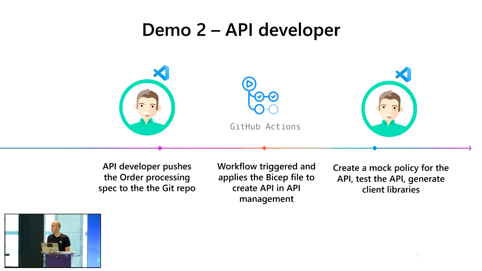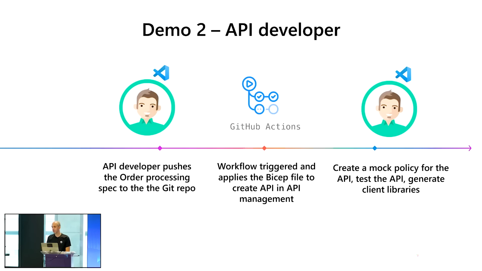Because we need a lot of effort to configure that. And when we want to scale, not to create one API, but maybe tens, thousands of APIs, automating is our friend here. So we are applying platform engineering concepts here with infrastructure as code. In this case, I'm using Bicep, but we support Terraform as well as ARM so that we can build this with the infrastructure as code of your choice.